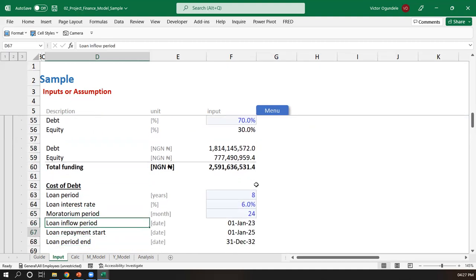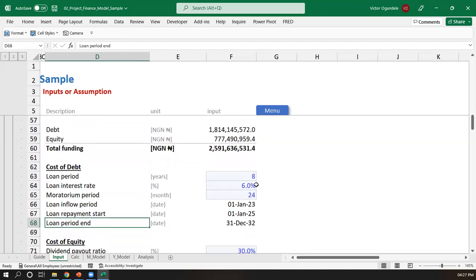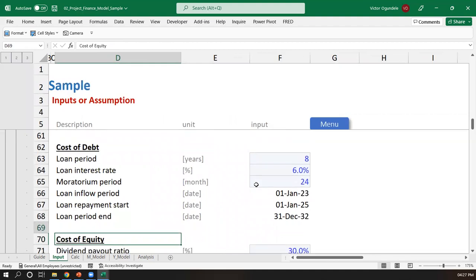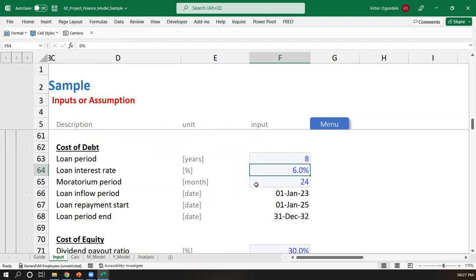Now, one important thing when it comes to cost management is what we call the moratorium period, especially on the part of financing. So here they are telling us our loan period will be 8 years, interest rate of 6%, moratorium period of 24 months. At times we also call it a grace period.